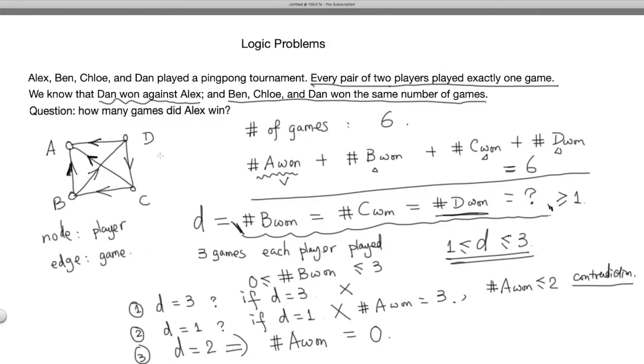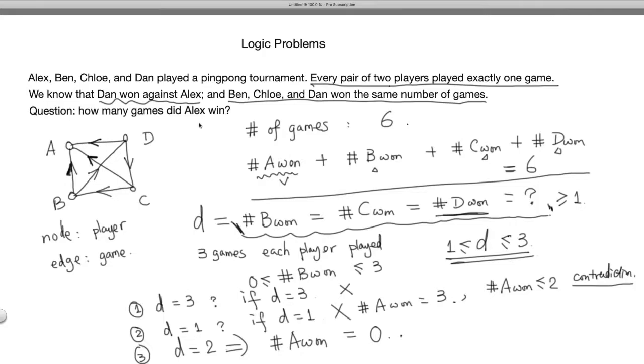So if you count the number of games B won, he won 2. D won 2, against A and against C. And C won against A and against B. So in the end of the day, in this problem, Alex won nothing. He did not win any game.